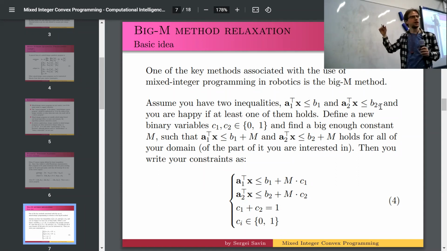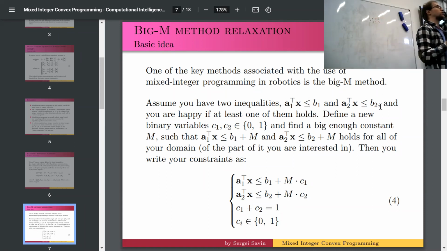Well, in the simplest case, it can mean, let's say, either x is less than or equal to 2, or x is bigger or equal to 5. Two very simple inequalities. You are happy if at least one of them holds. They cannot hold both, right? But at least one of them should hold.